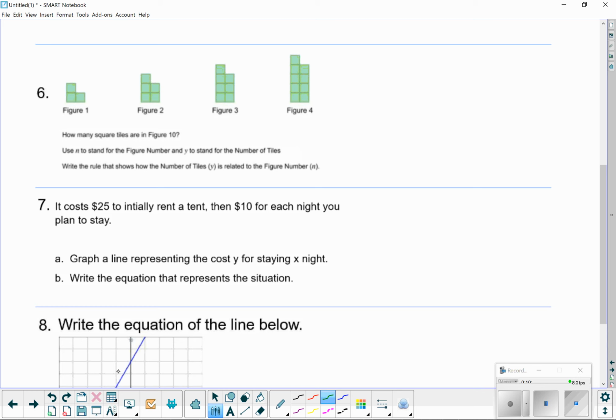So looking at the figure, kind of like something you guys did on your scavenger hunt today. How many square tiles are in figure 10? So if we keep going from figure 1 to figure 2, figure 3, figure 4, all the way to figure 10, how many squares are going to be in there?